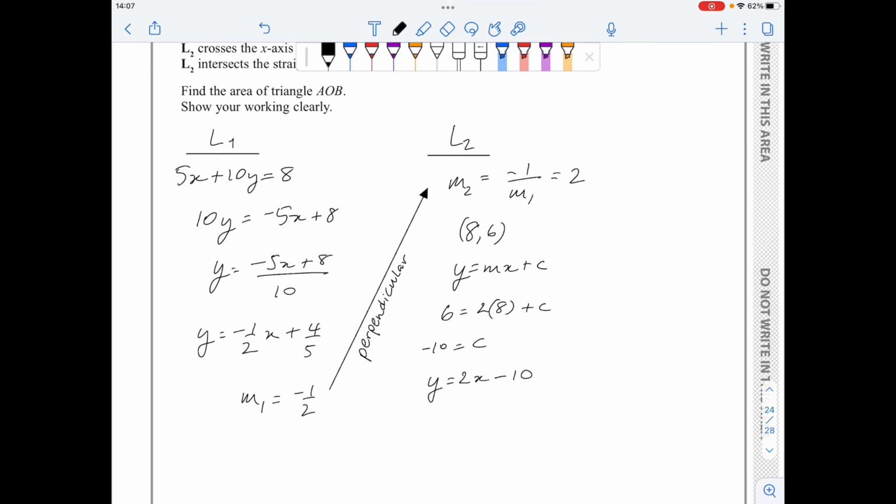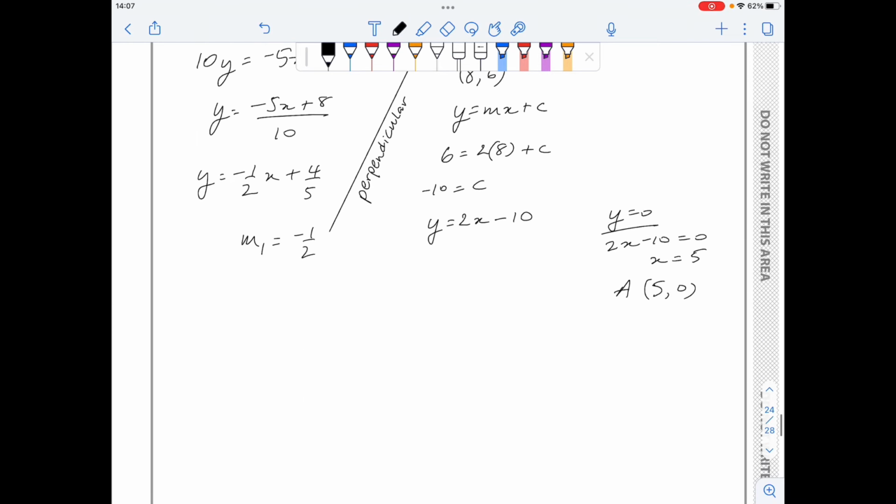Now the line L2 crosses the x-axis at the point A. So when y is equal to 0, I've got 2x minus 10 is equal to 0. x comes out to be 5. So A is (5, 0).